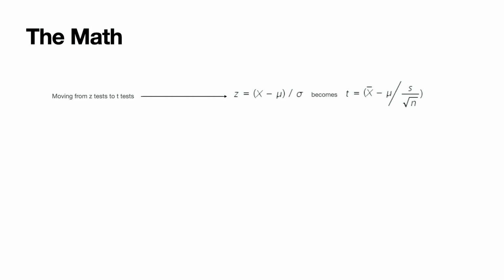Now, in this particular area, we're still looking at this equation, but instead of looking at the mean, the x with the line over it, we're looking at the change. So we're looking to see if there's a big enough change before and after the treatment, regardless of whether we're doing it within groups or between groups, matched pairs.